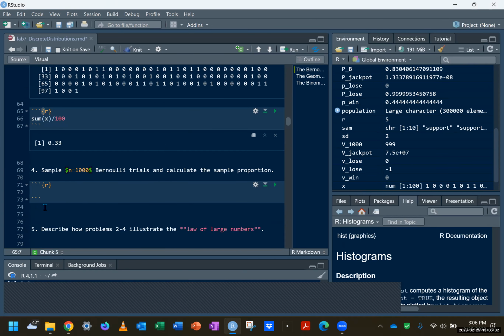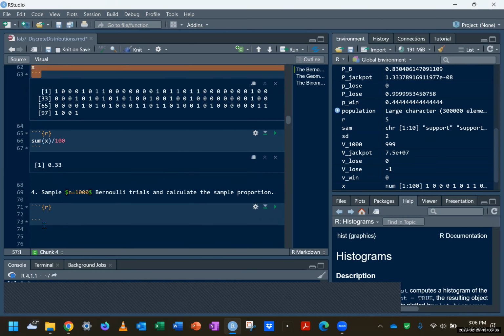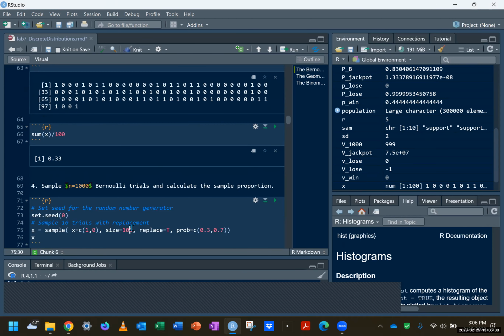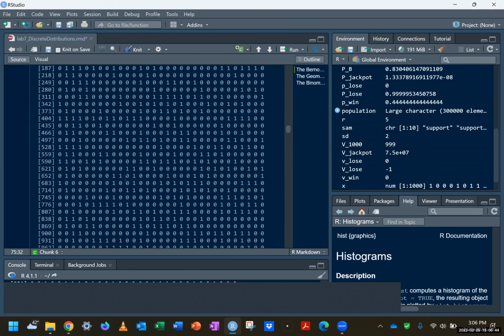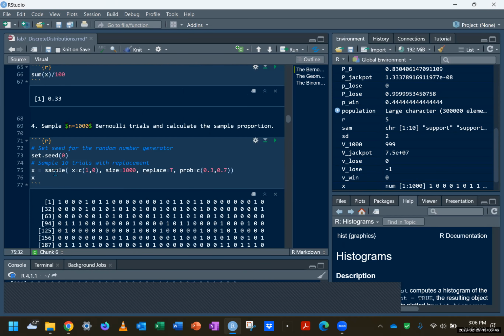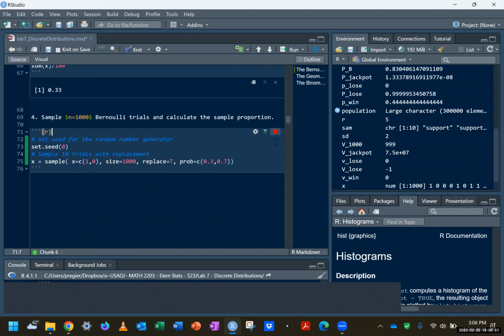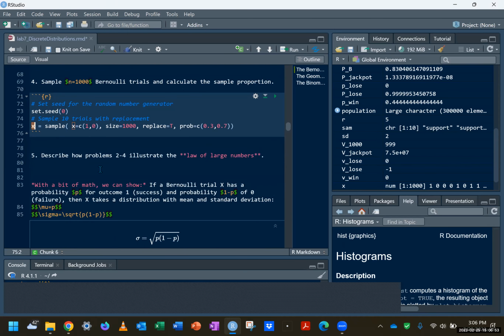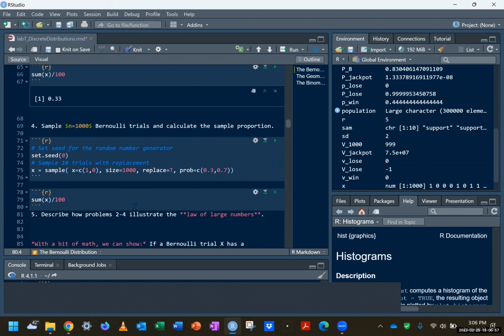Okay, and you can do it one more time for 1,000. But here we go, if I run this with 1,000, it's just a lot of data. Generally, we don't want to show that much data. So let's delete that x there. So when I run it, it doesn't print the data for me because we know it's in there. Now we can find the sample proportion and you can see what's happening.